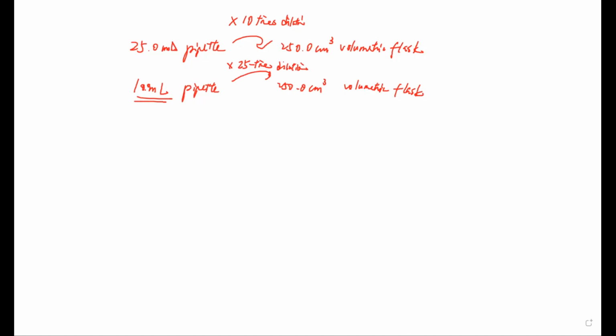Can you get the point? So we are going to have different combinations of the volumetric flask and the pipette to target the number of times of dilution of the solution you are going to have. We need to look at the ratio of the pipette and the volumetric flask, to decide how many times we dilute. Both can be done this way. But why do we dilute it? I understand making a standard solution, but why do we dilute it?